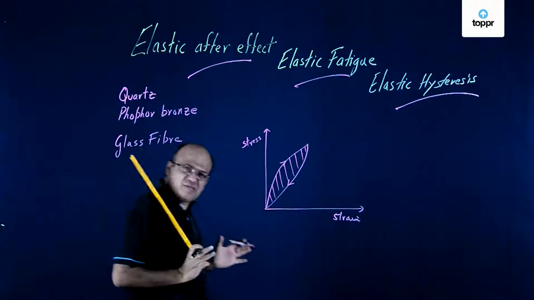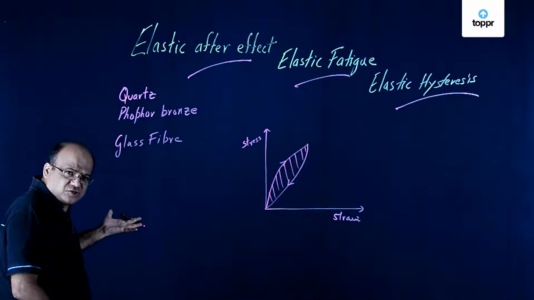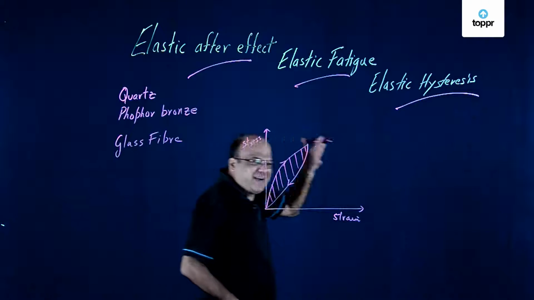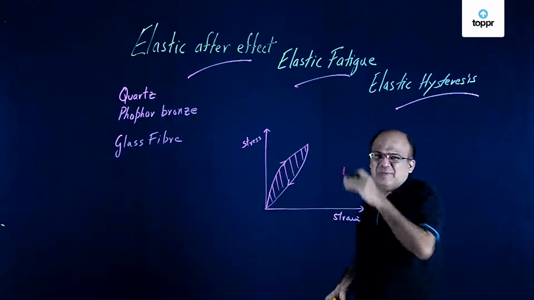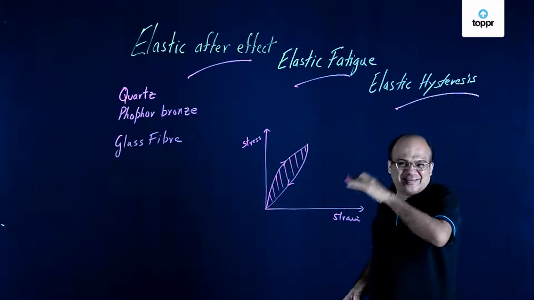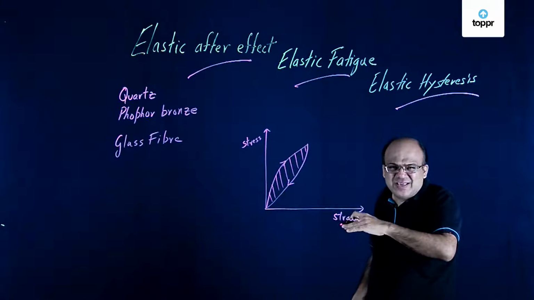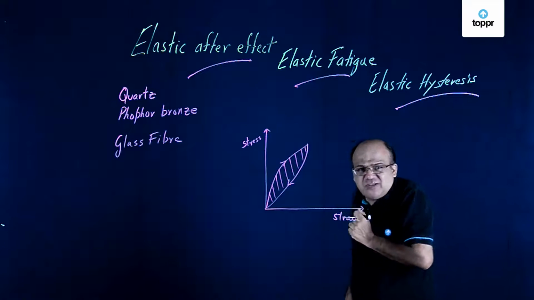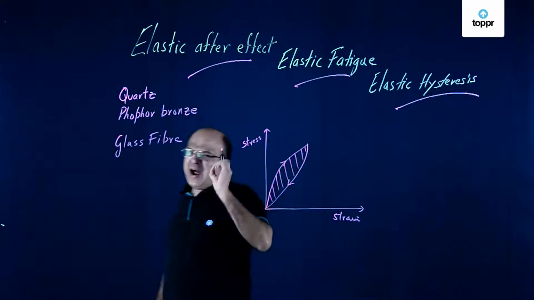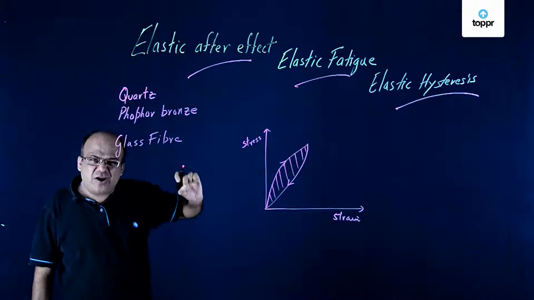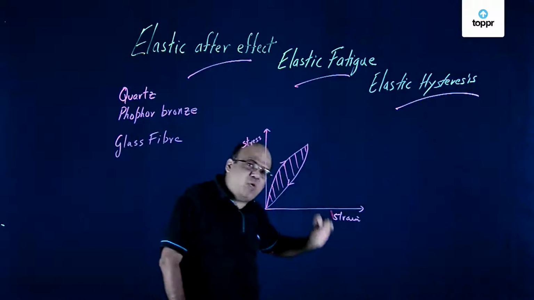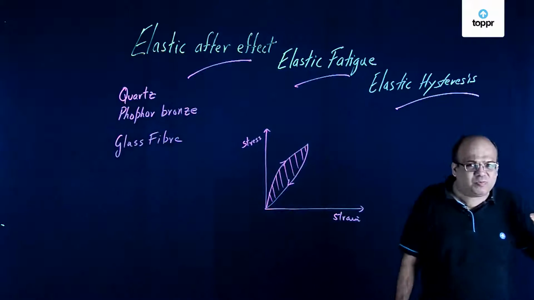In some places we don't want the energy to be lost, right? We don't want heat to get produced. Like in a car tire, right? There'll be loading, unloading as the car travels. Not much heat should be produced in this process. So car tires are made of synthetic rubber which has got a small area hysteresis loop.